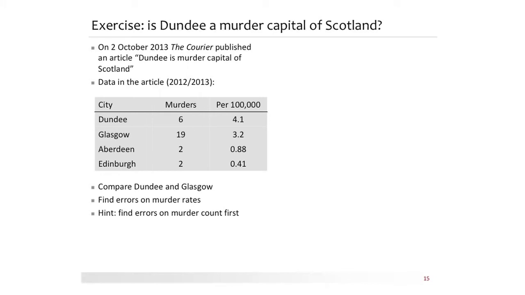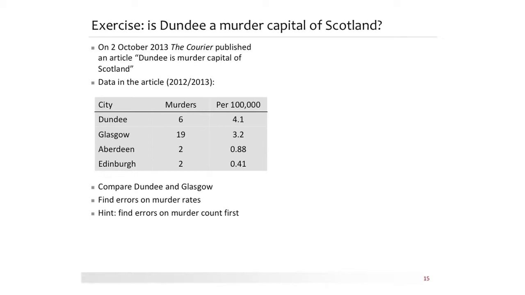All right, let's do a little exercise. I will do it with you step by step, so you don't have to do much calculation. There was an article in the Courier in October 2013 with a big headline, "Dundee is murder capital of Scotland." Quite scary.